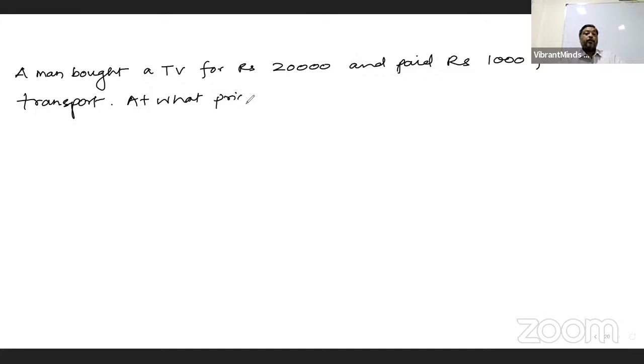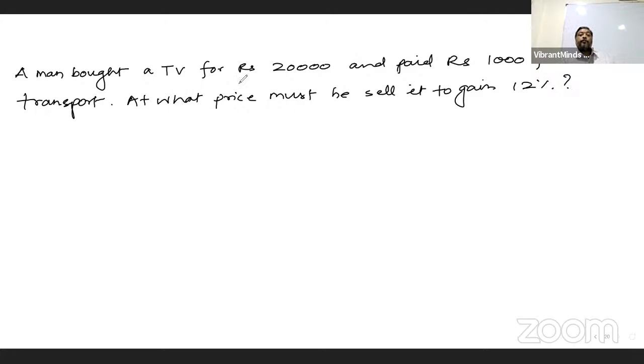At what price must he sell it to gain 12%?